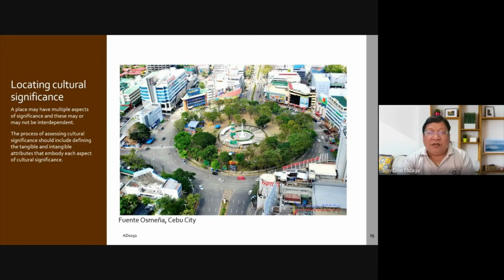There used to be a pipe that connects this to the dam, I think the Mahina Dam, somewhere far. But they had to bring that pipe all the way here so that it can feed the fountain. So it has cultural significance.